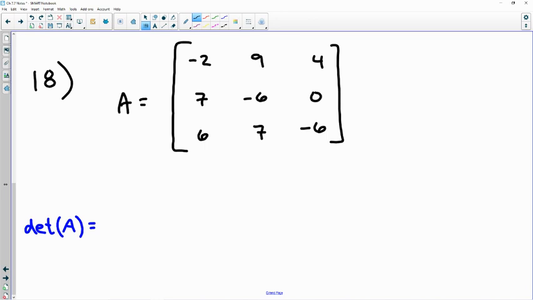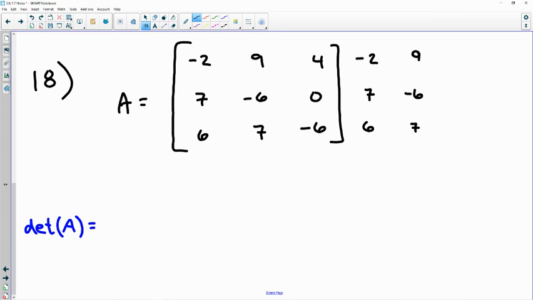So again, you can do it any way. You can do it with the columns or the rows, or you can even do it in front of it or above it, as long as you have down diagonals and up diagonals. But I'm going to copy the first two columns down. So -2, 7, 6, and 9, -6, and 7.